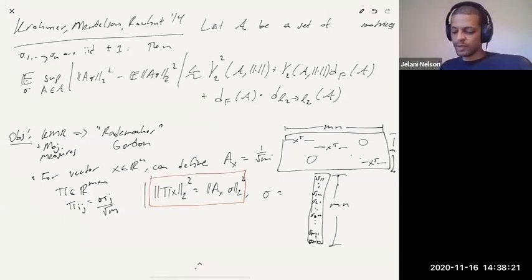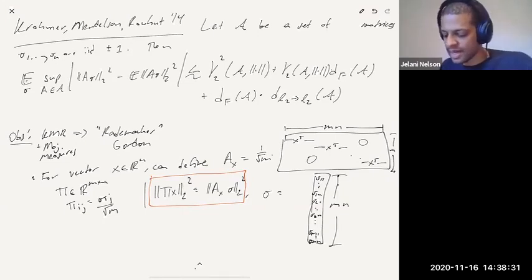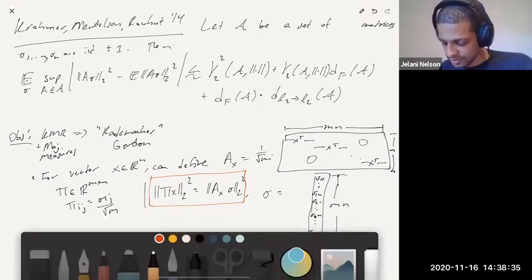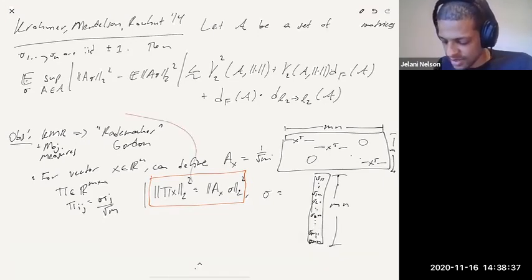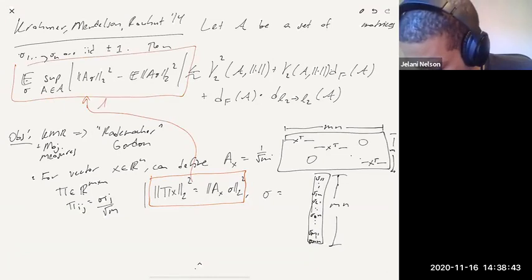And we're trying to understand the sup of the L2 norm squared of pi x minus the L2 norm squared of x, which is 1. So that's equivalent to understanding this thing, where script A is the set of all A_x's such that x is in T.